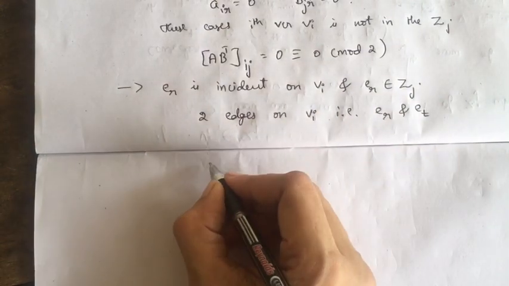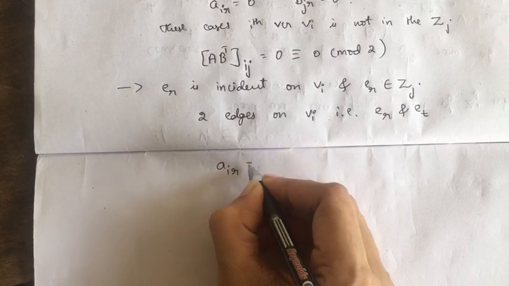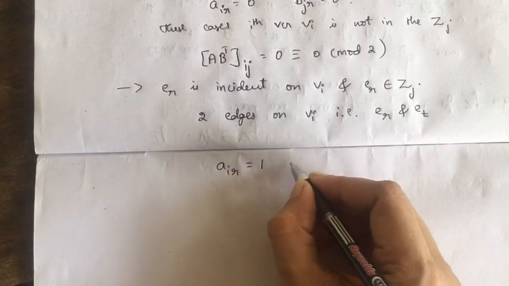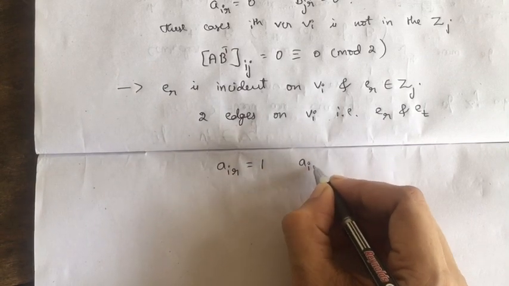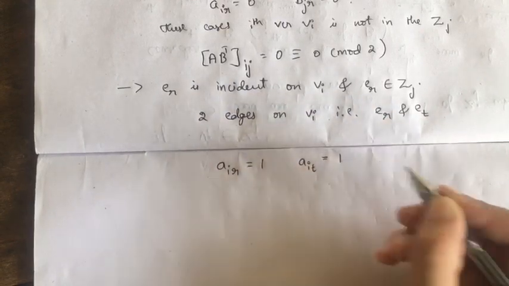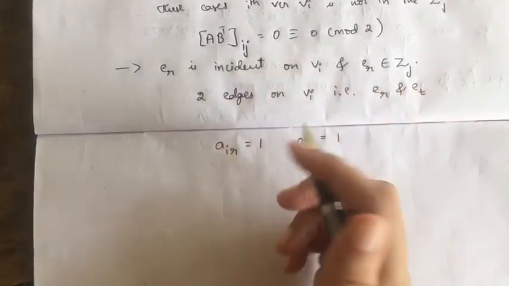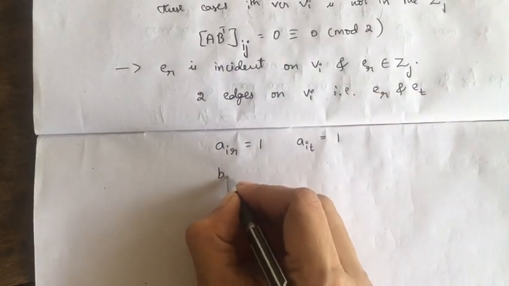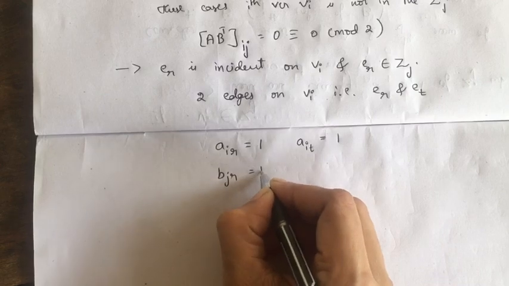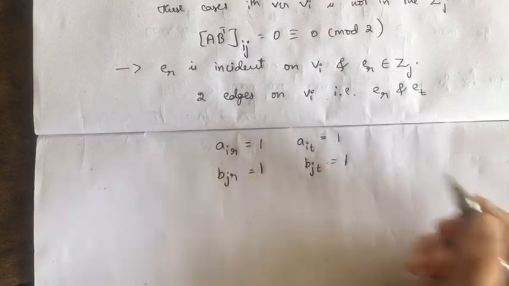So we are getting AIR equal to 1 and AIT equal to 1, and the entries BJR will be equal to 1 and BJT equal to 1.